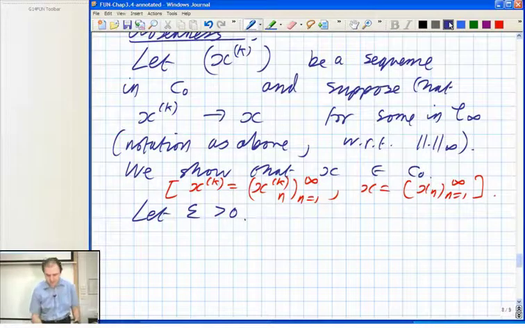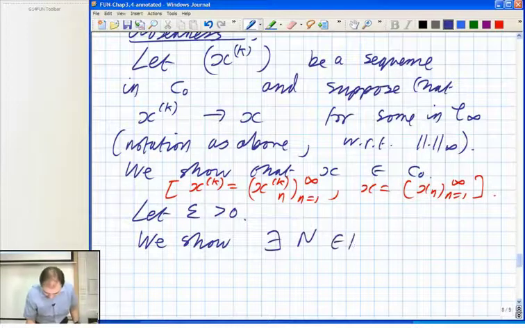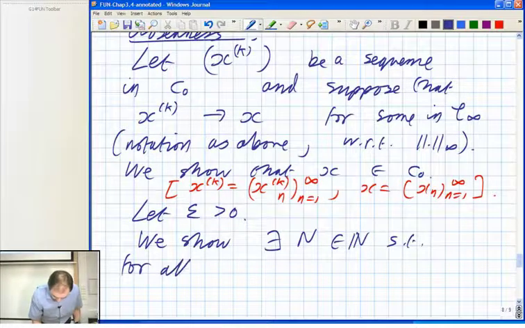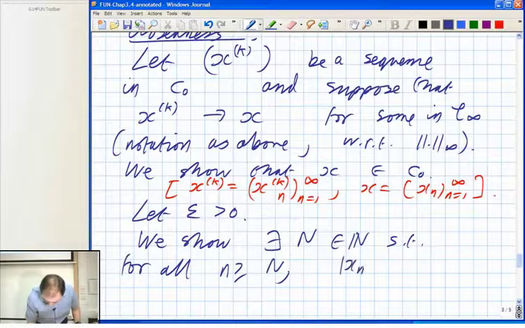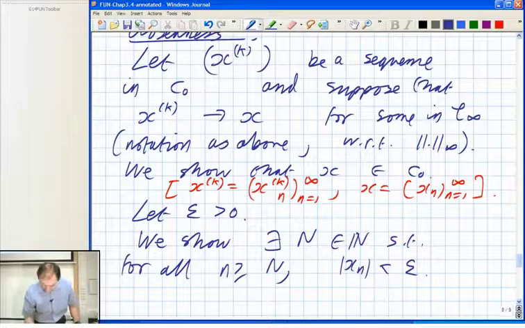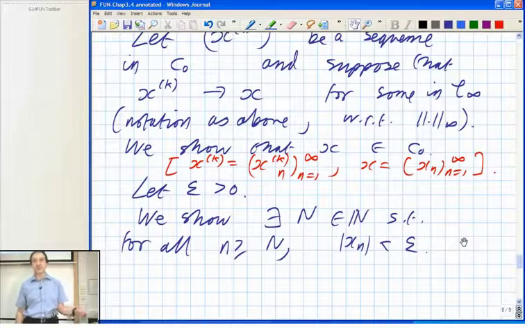So let epsilon greater than naught, we have to show that there exists an N in the natural numbers, so that for all n greater or equal to N, we have modulus of x_n is smaller than epsilon. That's what it means to check that a sequence tends to 0. And we know that's true for all the approaching sequences.